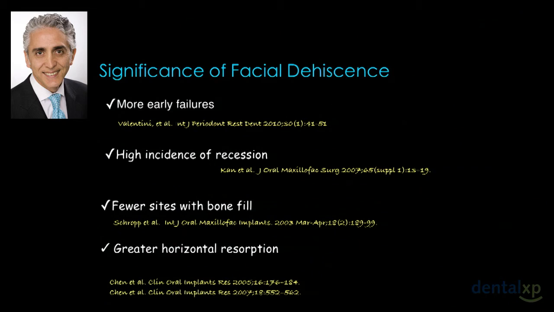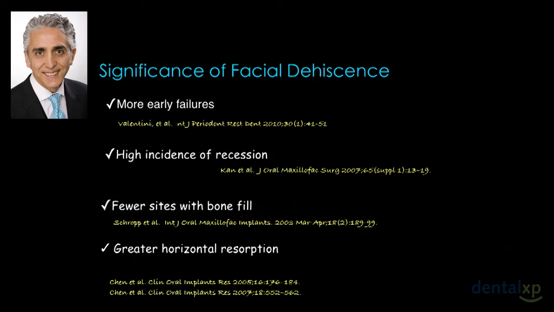So in my view, there's sufficient evidence to suggest that the outcome of cases that have facial dehiscence to begin with is poor. So it's not a proper case for immediate placement. And I know many clinicians prefer to place the implant immediately and do the simultaneous augmentation.